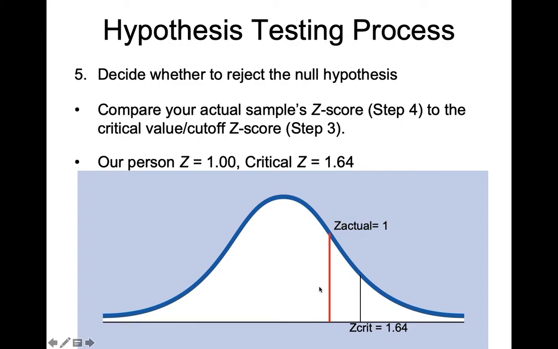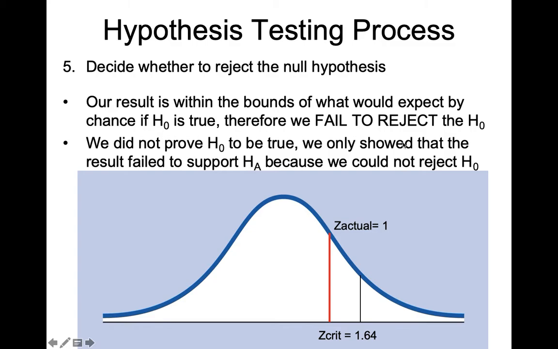If it's less, it does not. Okay? So we're comparing this 1 to the score that we needed, which was more than 1.64. So our result ends up being we're going to fail to reject the null hypothesis because our result is within the bounds of what we would expect by chance if the null hypothesis is true.